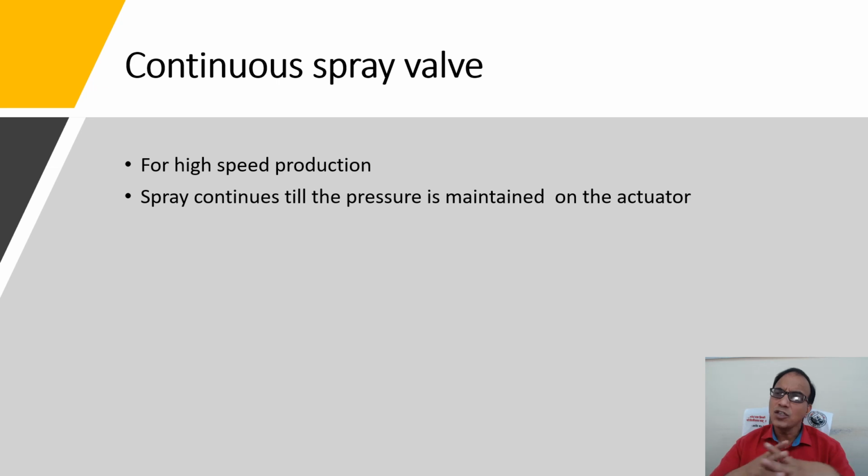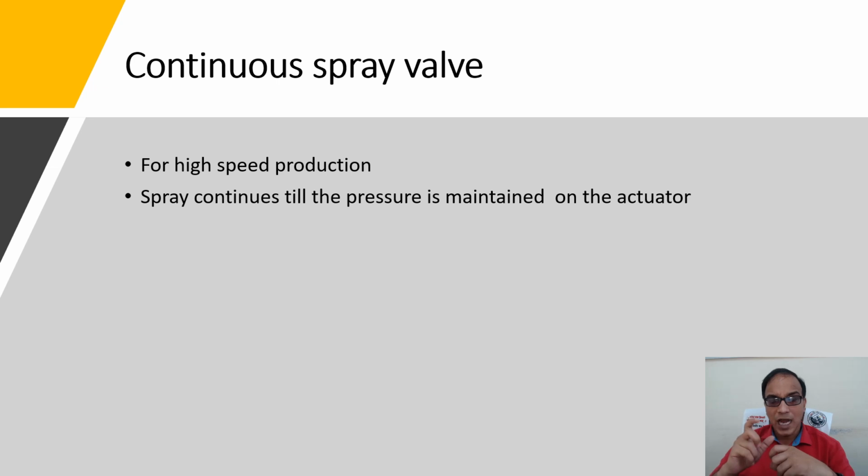Now, what is the continuous spray valve? They are needed for high speed production and dispensing. Spray continues till the pressure is maintained on the actuator. You might have seen your deo sprays.